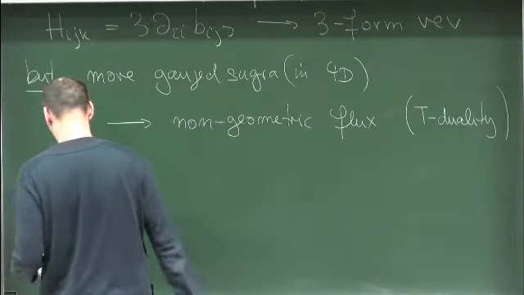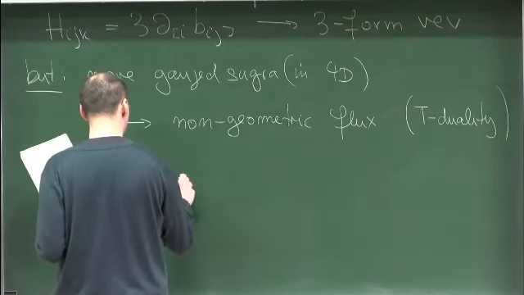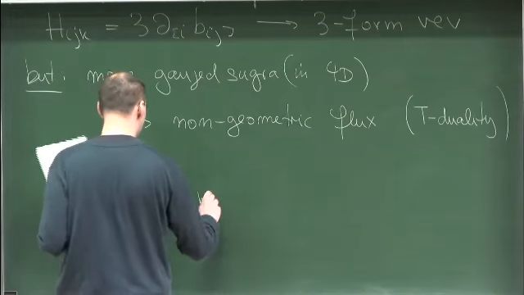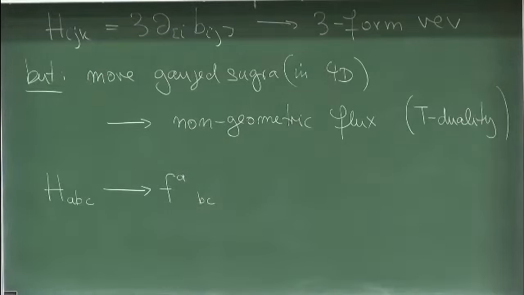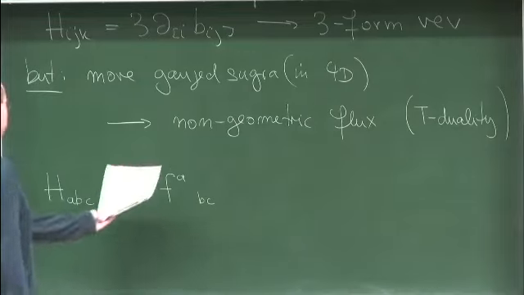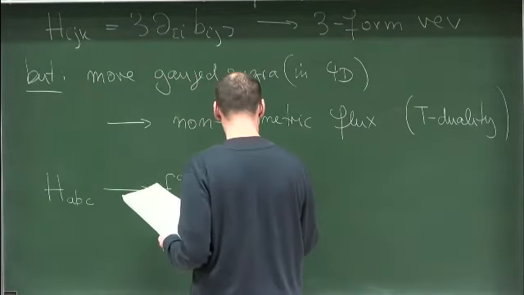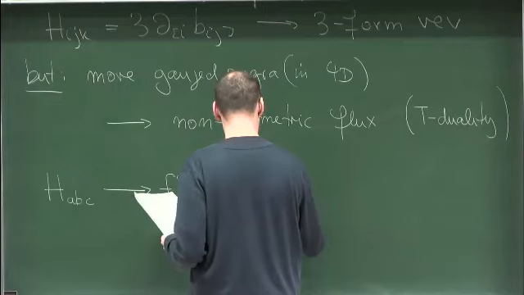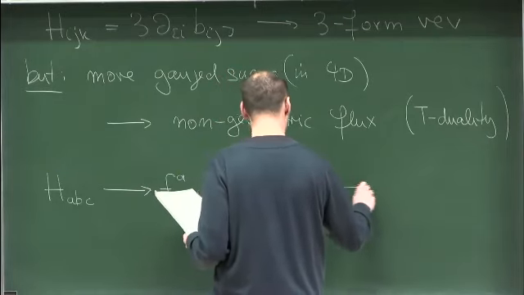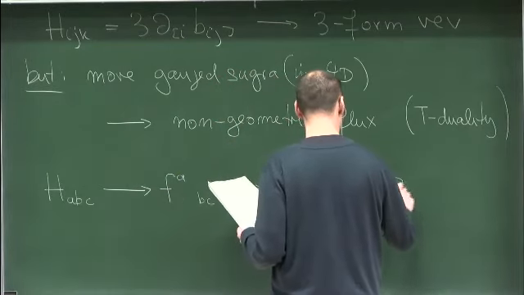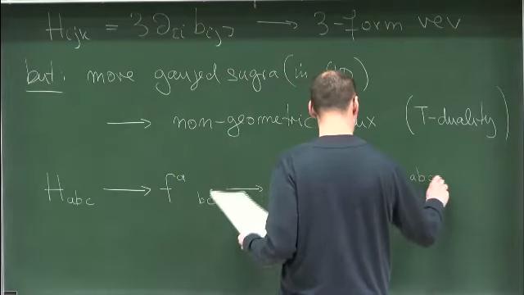You can apply several T-duality transformations to obtain objects with different index structures. T-duality naturally switches indices, and so you get an object with an index up, F^a, then you do it again, you get an object which is usually called Q, 2 indices up, and then in the last step you get an object with 3 indices up.